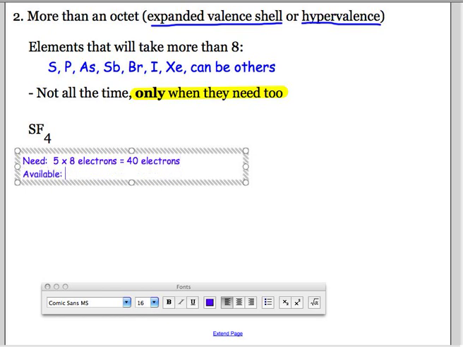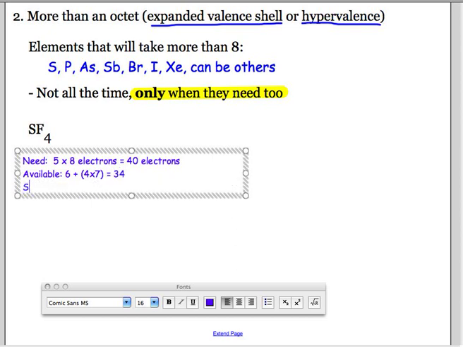Available: sulfur has 6 and we have 4 fluorines that each have 7. So we have 34. And then our share, we do 40 minus 34. That's 6 electrons, which means 3 bonds.